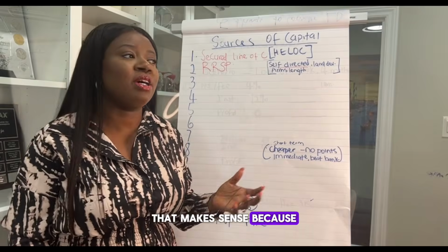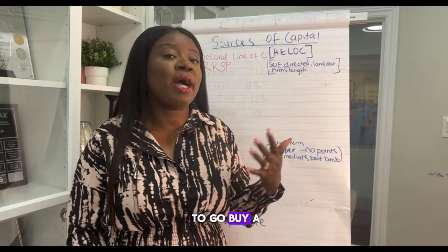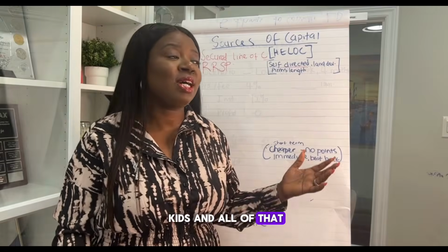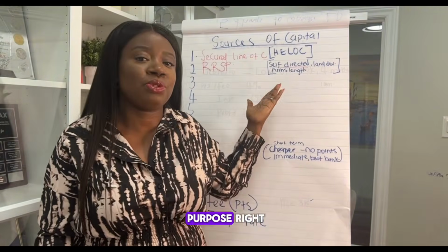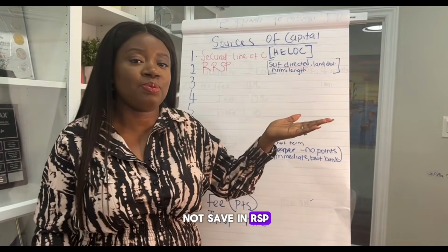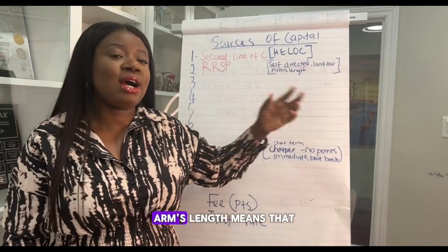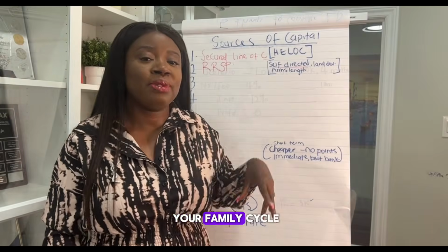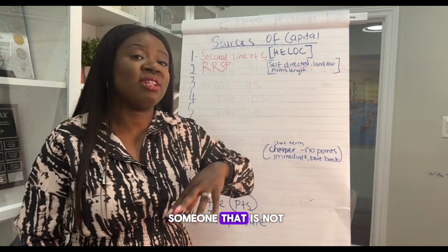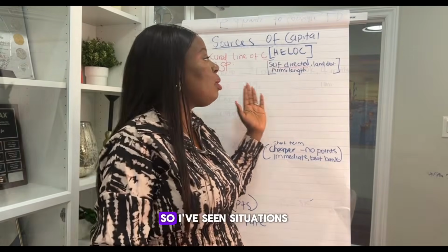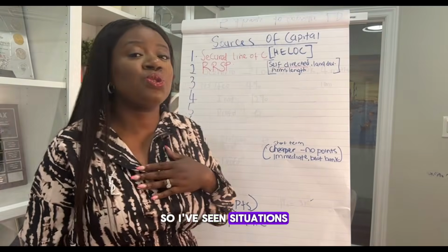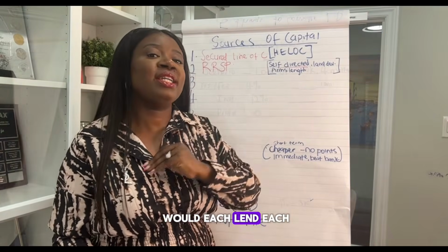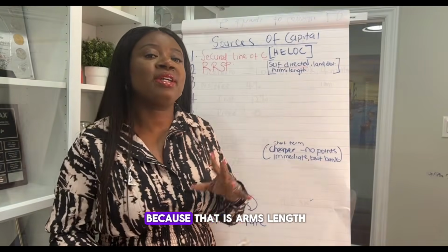That makes sense, because if you invested it to go buy a house for yourself, or you gave it to your kids, then that defeats the purpose, right? You might as well not save in RRSP. They want it to be arm's length. Arm's length means that you cannot give it to people in your family circle. It has to be someone that is not related to you. So I've seen situations where two friends would each lend to each other from their RRSP, because that is arm's length.